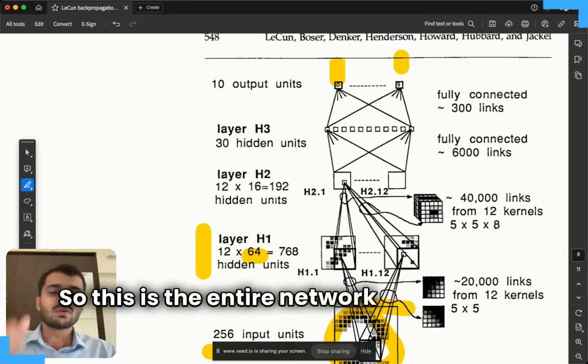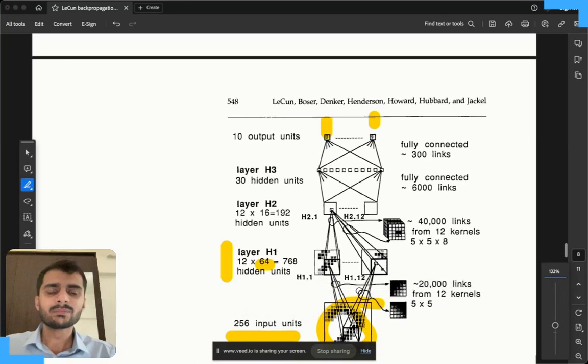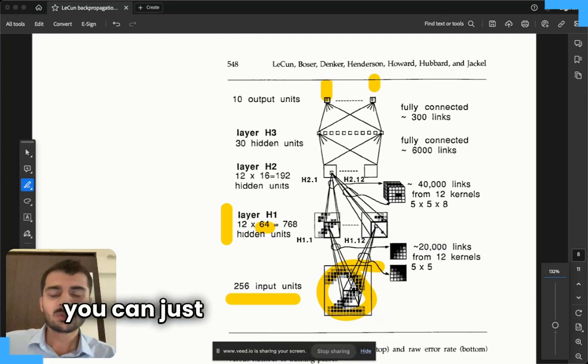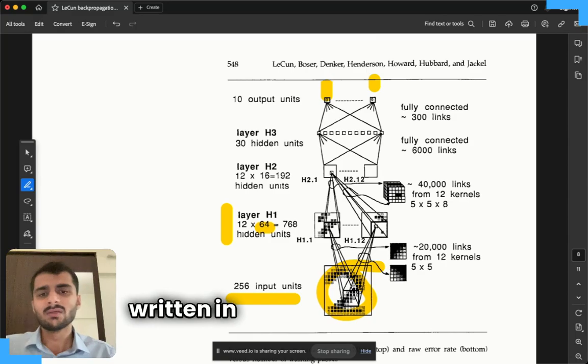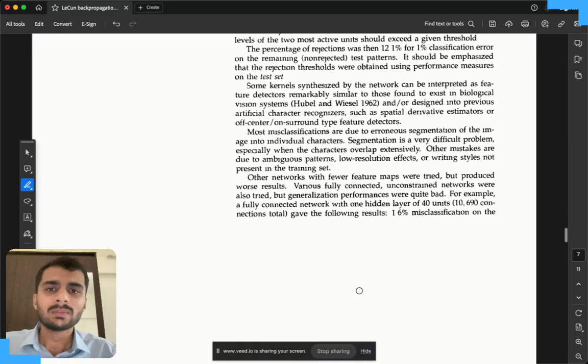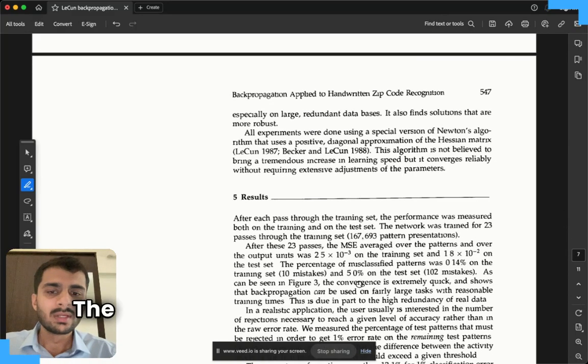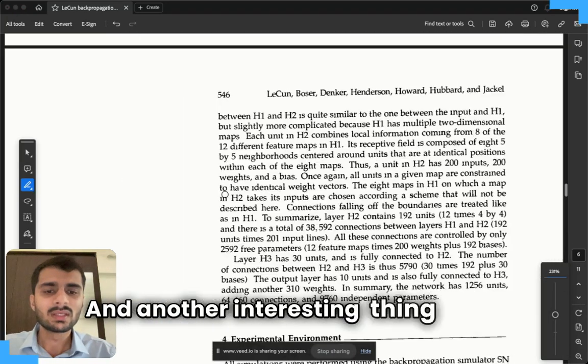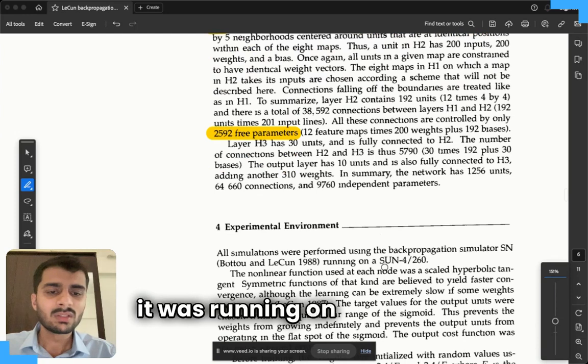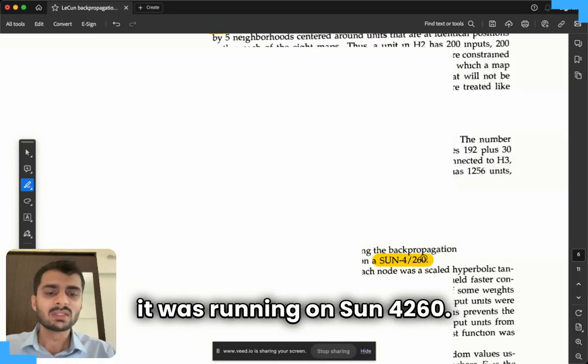So this is the entire network architecture, and you can just go through this paper once. It is really very nicely written in very simple words. The network was trained for 23 passes, and another interesting thing is that it was running on a Sun 4260.